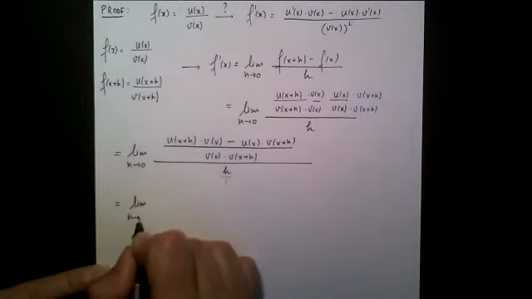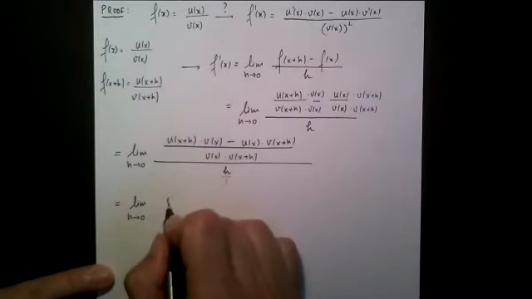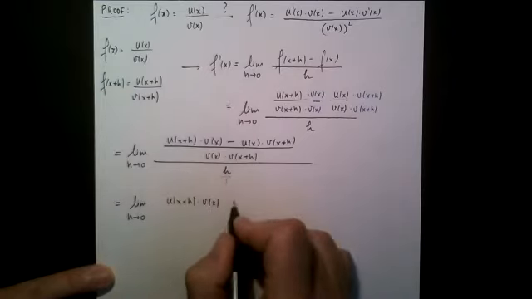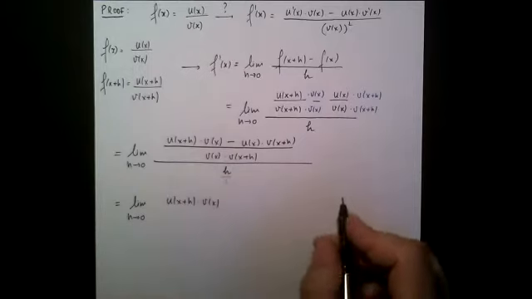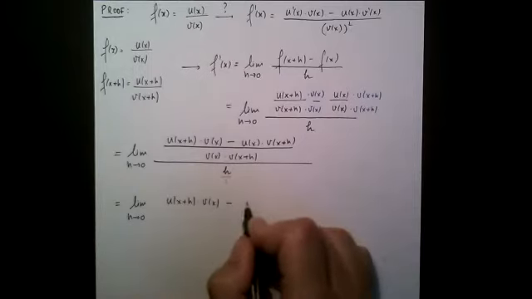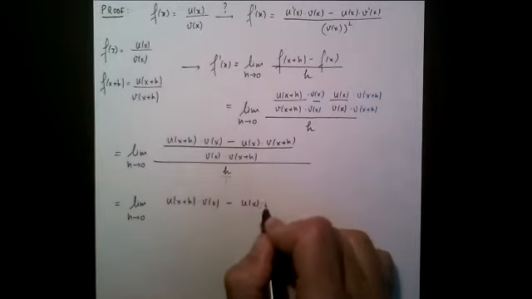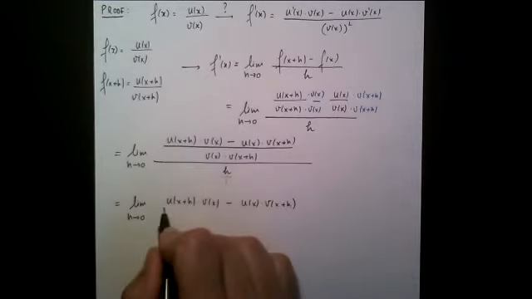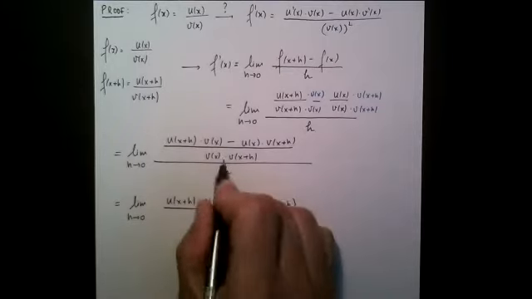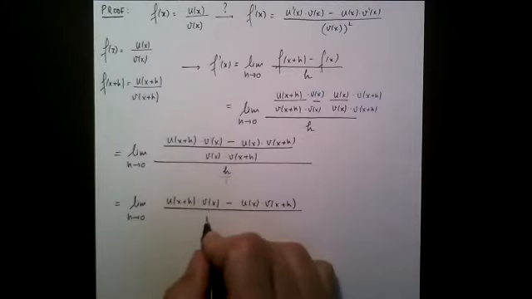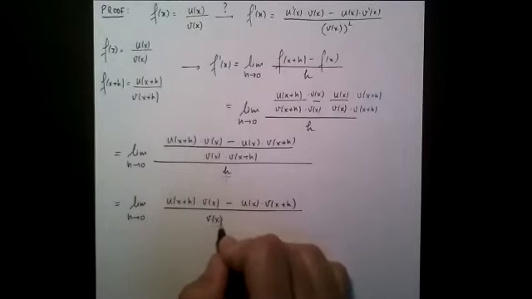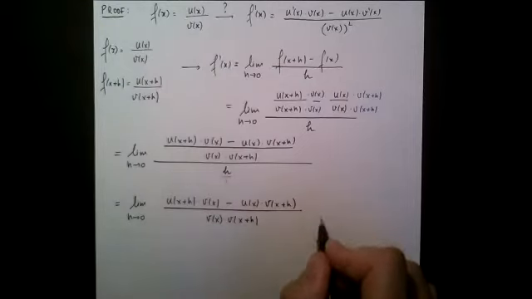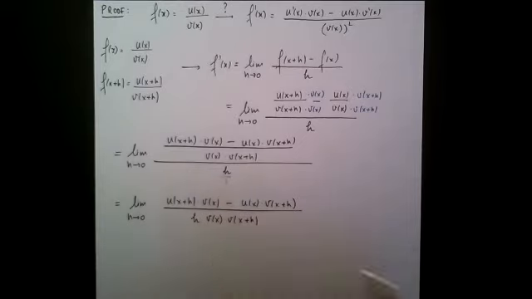So the limit as h approaches 0, the top is u of x plus h times v of x minus u of x times v of x plus h, and all this over v of x times v of x plus h, and then times 1 over h, or just put the h on the bottom.